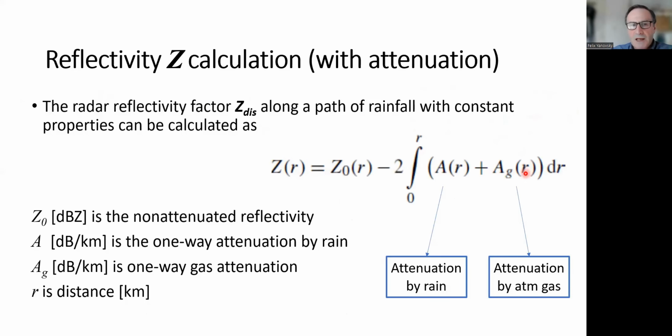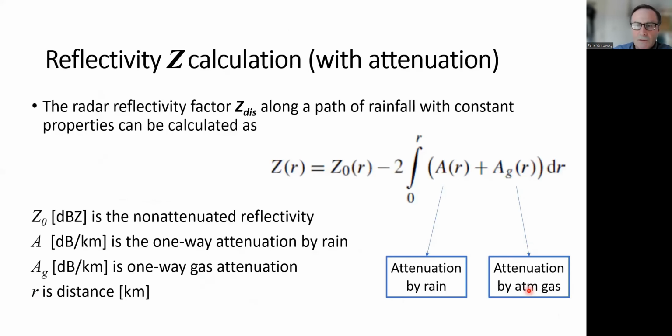Using this data, we can represent the reflectivity with attenuation as the difference of the non-attenuated reflectivity, and an integral of attenuation per kilometer over the distance: attenuation by rain, so by water, and attenuation by atmospheric gas.